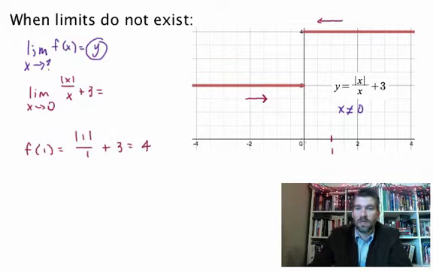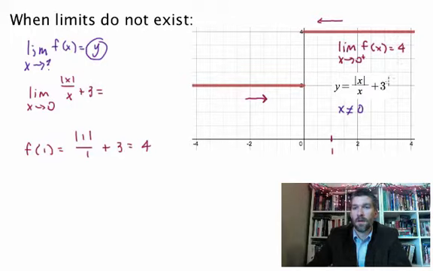So what we would say is the limit as x approaches 0 from the right of this function is 4. Okay, investigate further. What if we looked at this point right here, -1? So the function then at -1, what is it going to look like?